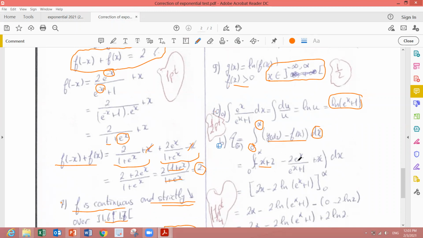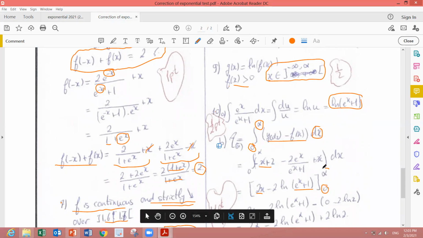So the area equals y of D2, which is minus x plus 2, minus f(x), it becomes minus 2e to the x over e to the x plus 1 plus x. X minus x, 0. 2, integral of 2 is 2x. Integral of 2e to the x over e to the x plus 1 is 2 ln(e to the x plus 1), between 0 and alpha.